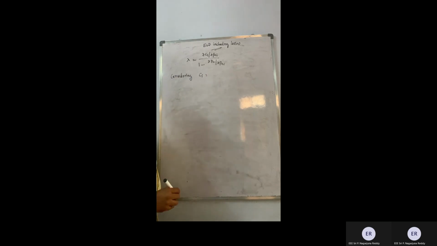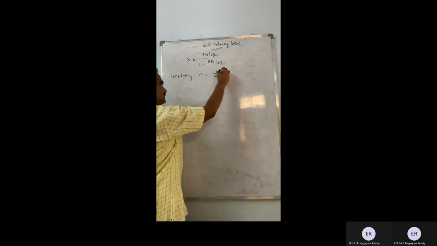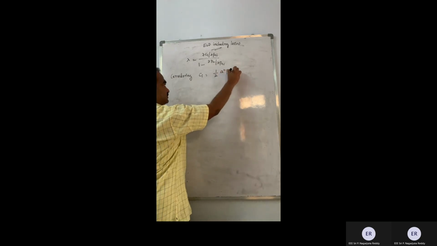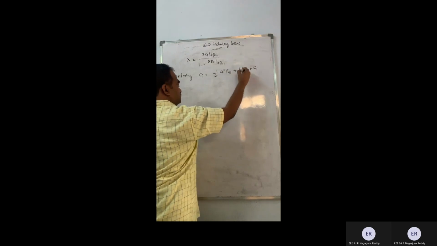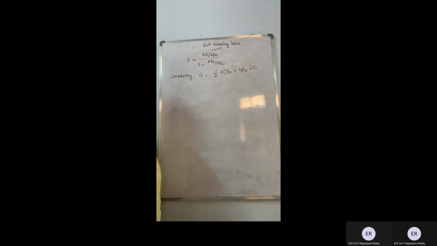Considering the cost of generation at the plant, Ci is equal to, as in the first class, I hope you do remember. This was the basic equation of the cost function. It is a quadratic expression in terms of power generation.